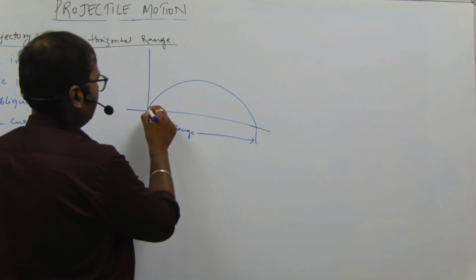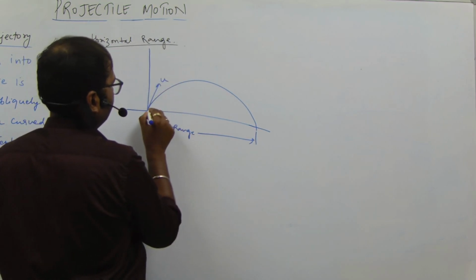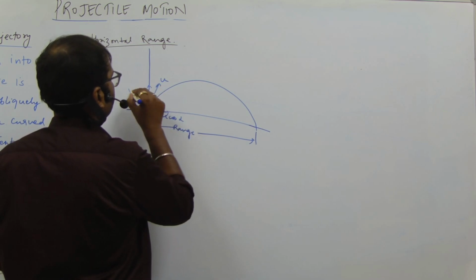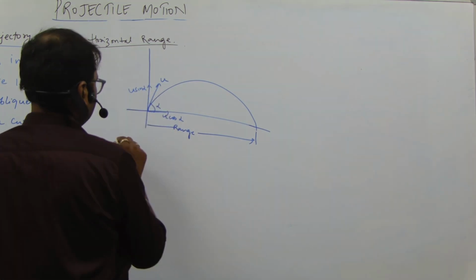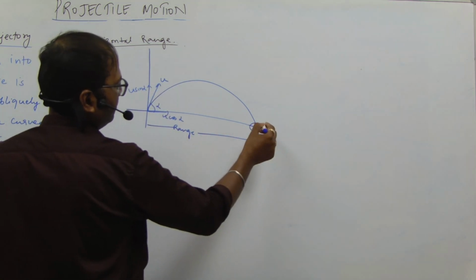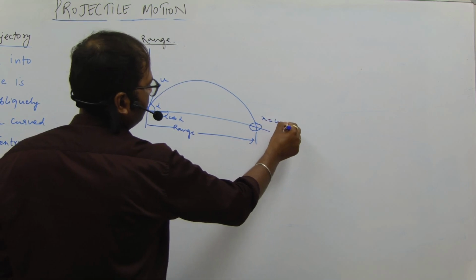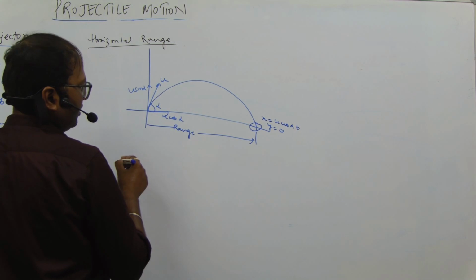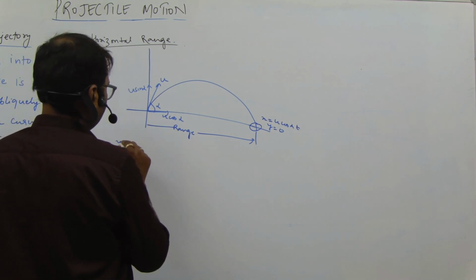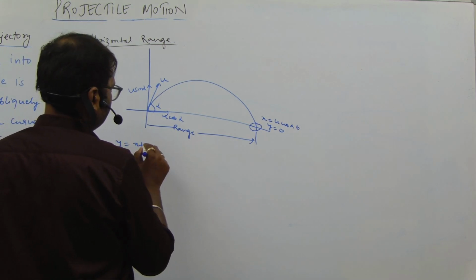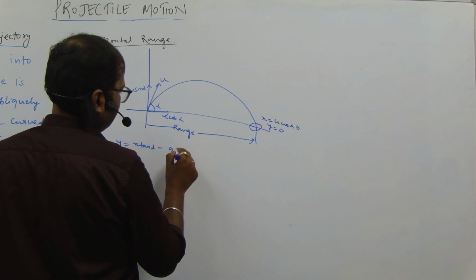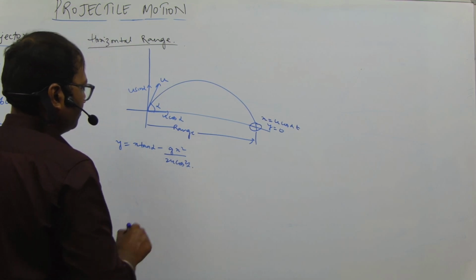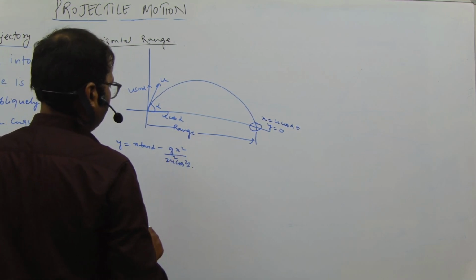Okay, so let us resolve the initial velocity u. This angle is alpha. So this is u cos alpha, and this is u sin alpha. At this point we have x equal to u cos alpha into t and y equal to 0. So let us write down the trajectory: y = x tan alpha minus gx square upon 2u square cos square alpha.